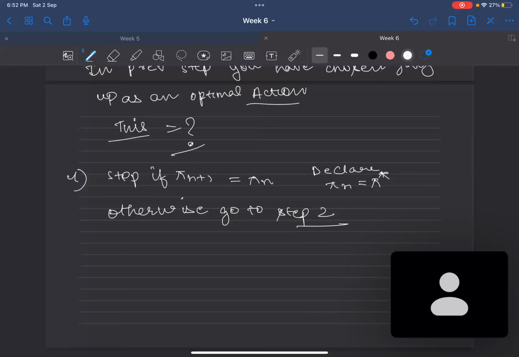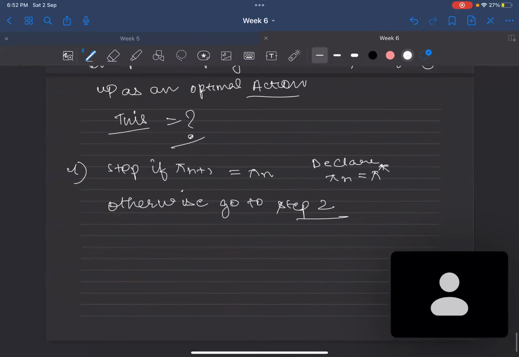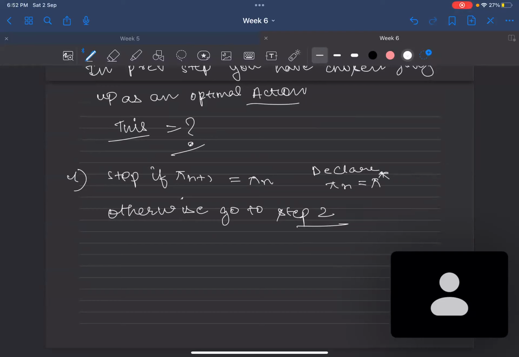Okay, let's go with an example now. I'll again go with the value iteration example and then solve with policy iteration.